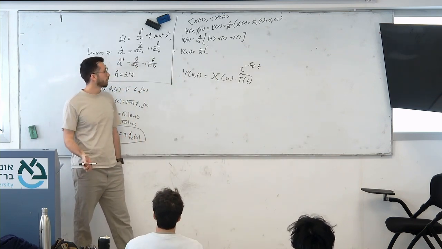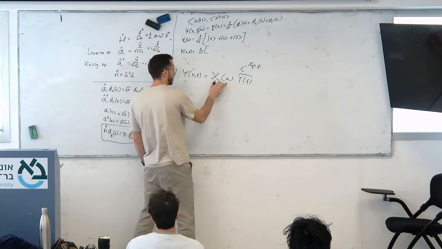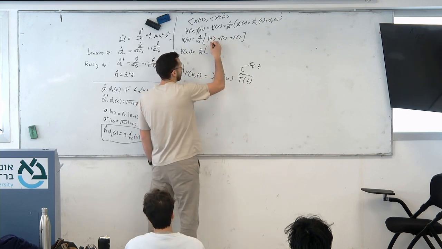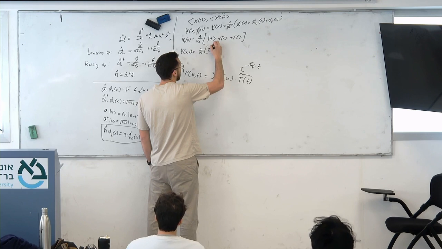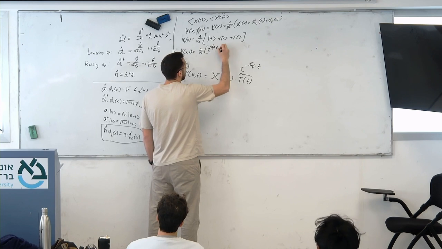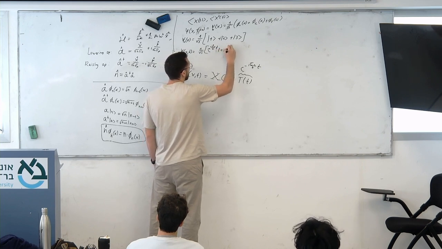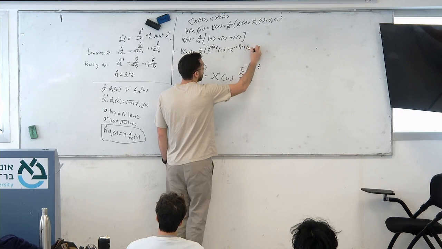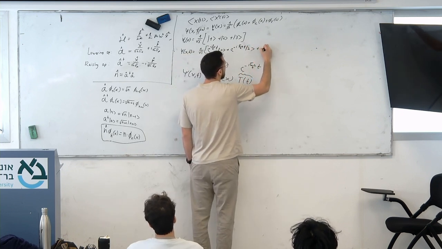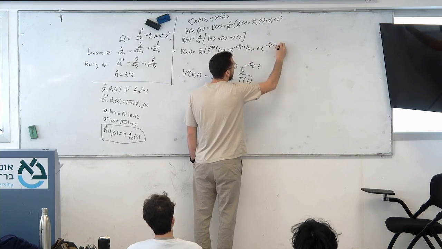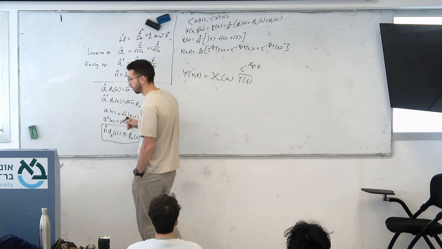So we can solve separately the space solution and the time solution. Starting with this, we can just write e to the minus i E_1 over h bar t times state 1, plus e to the minus i E_2 over h bar t times state 2, plus e to the minus i E_3 over h bar t times state 3. Perfect.